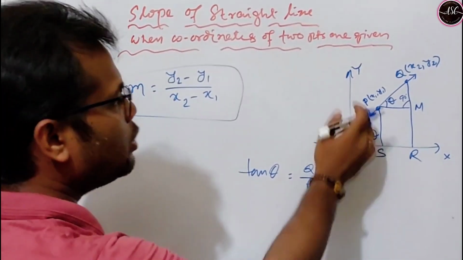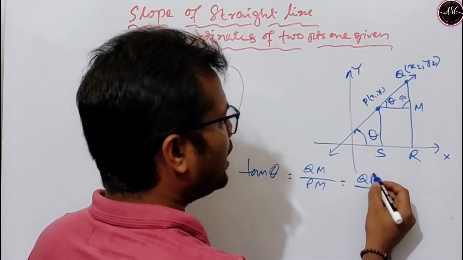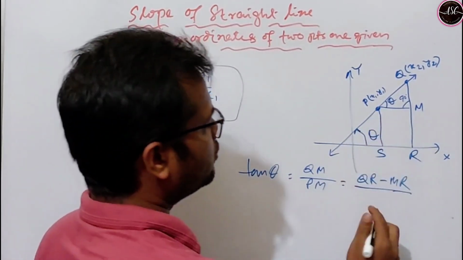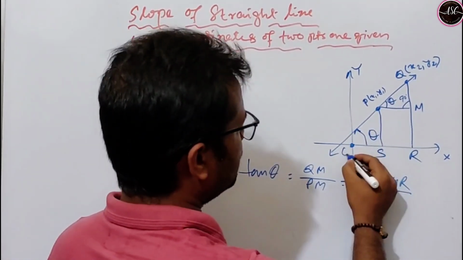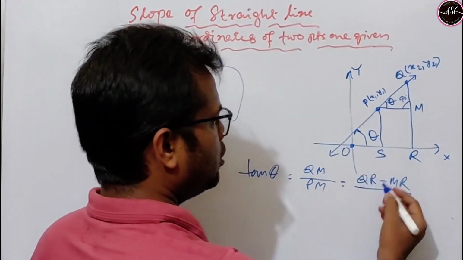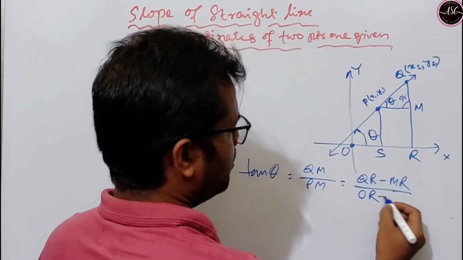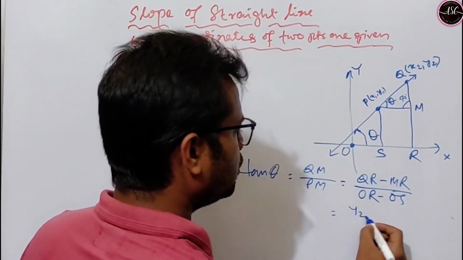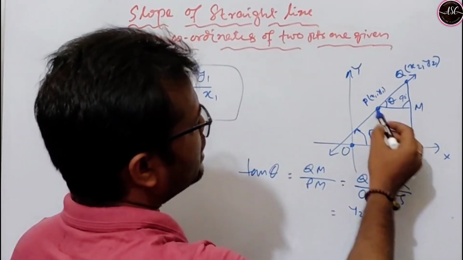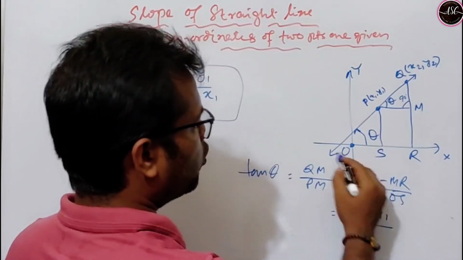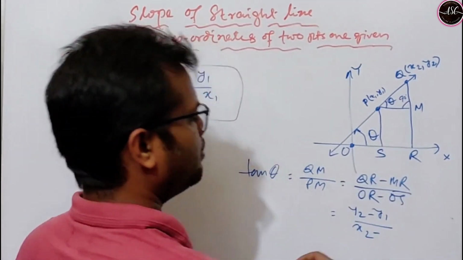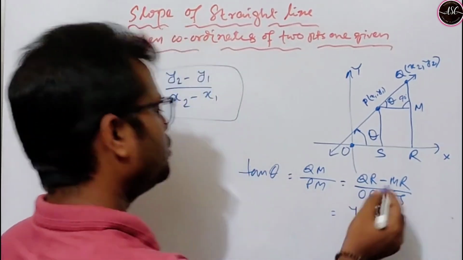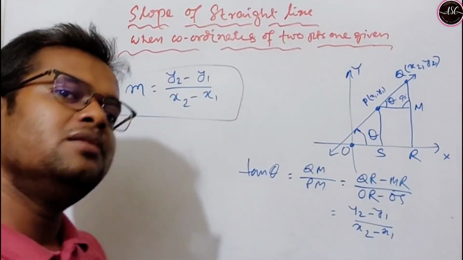Here QM equals QR minus MR and PM equals OR minus OS, where O is the origin. So QR equals y2 and MR equals y1, and OR equals x2 and OS equals x1. So by this, the formula comes.